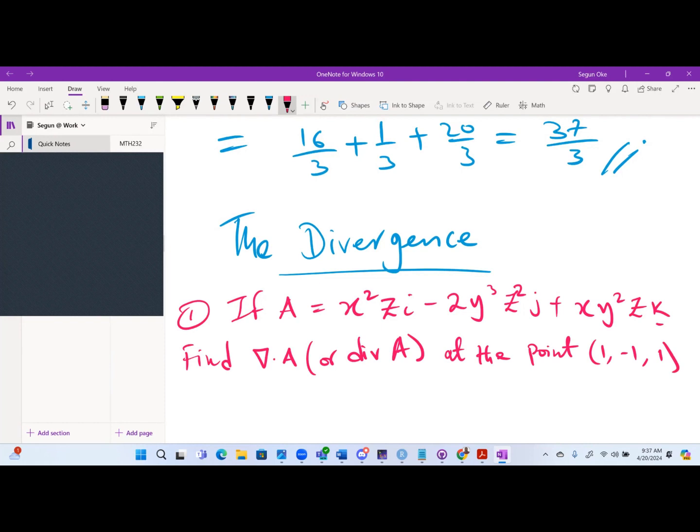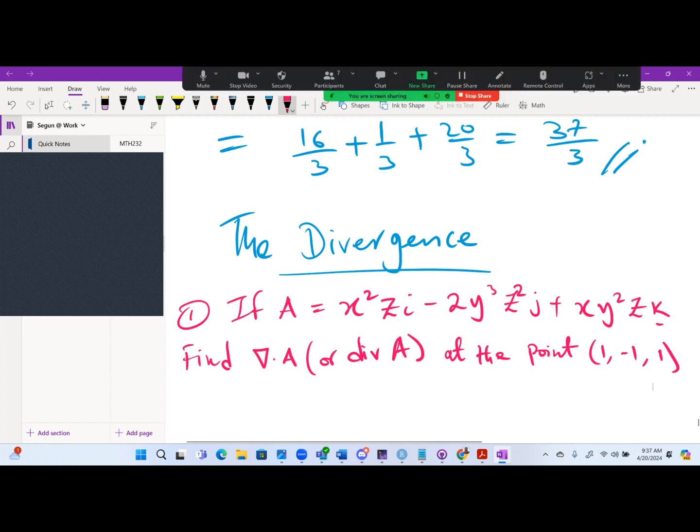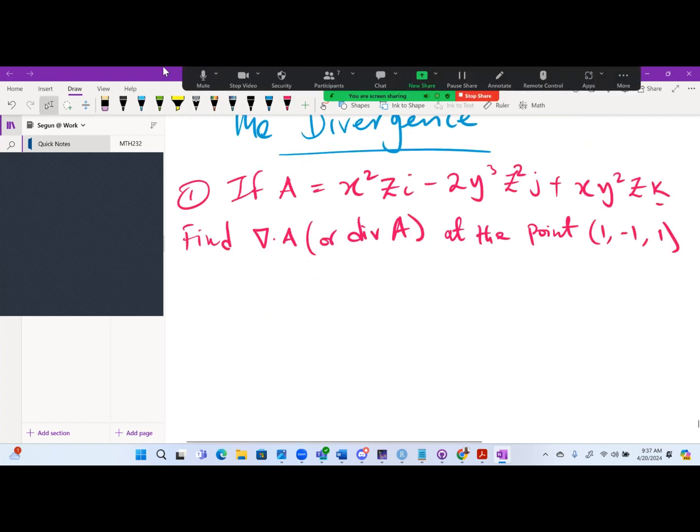We use this as a boundary condition at a point whereby you use it to substitute into your x, your y, and so on.